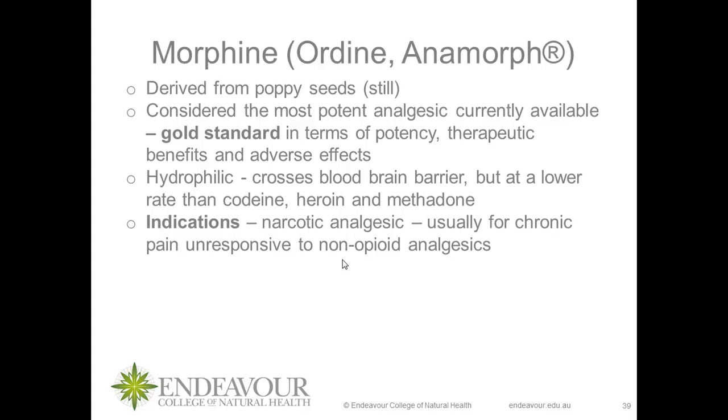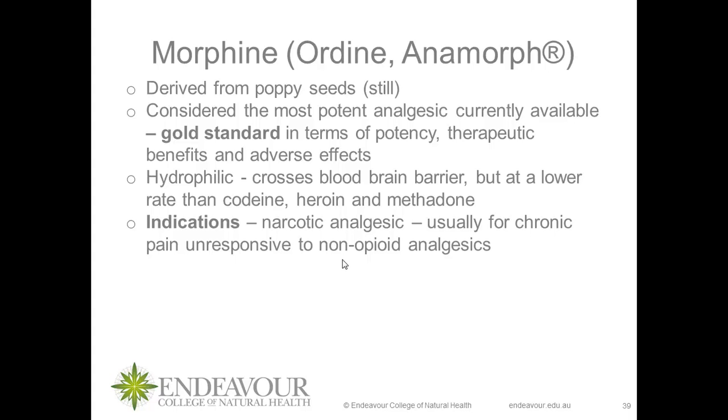Morphine, though it is our golden standard to which we compare all other opioids, may not be as lipophilic as other opioids such as heroin. Morphine is actually quite hydrophilic. It, however, does cross the blood-brain barrier, but at a lower rate than heroin.